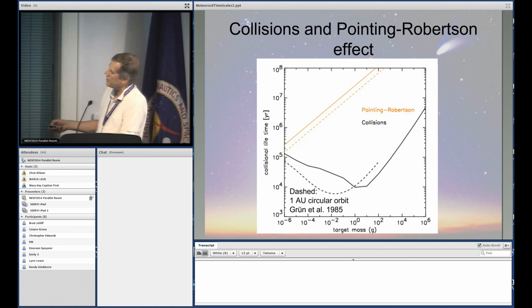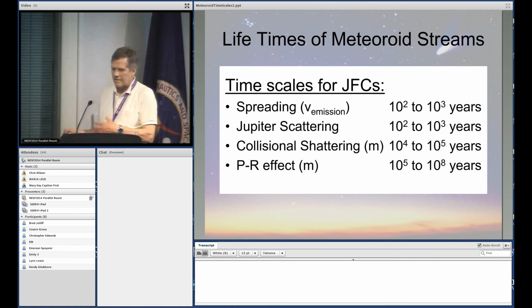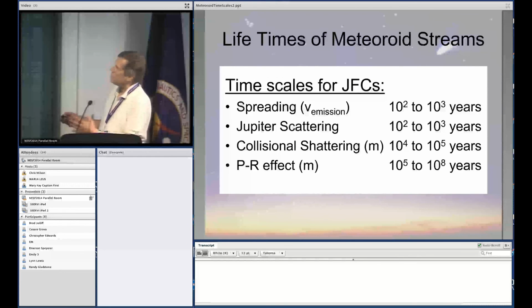I also show the lifetimes for a 1 AU circular orbit, which we published already some time ago, and it's rather similar.